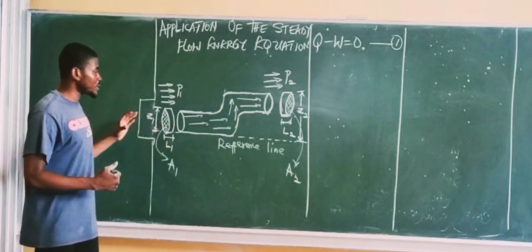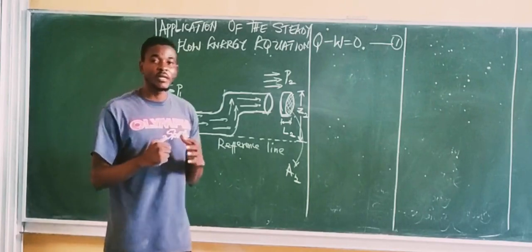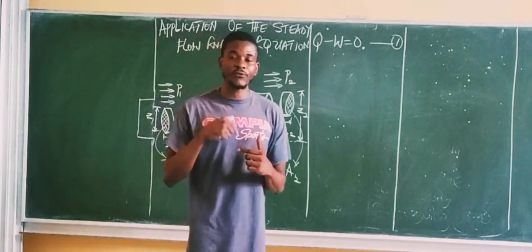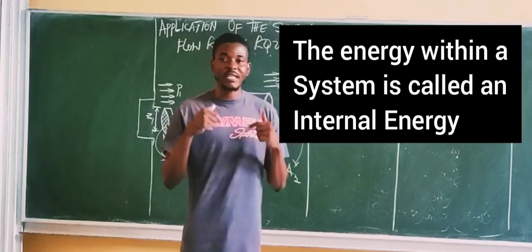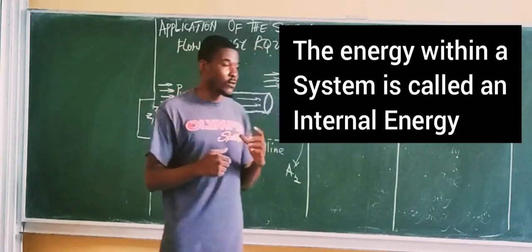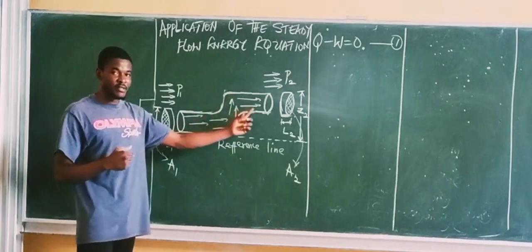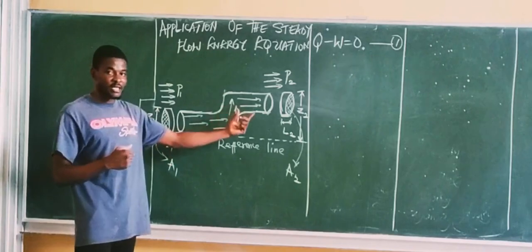Now, as fluid is flowing, in the last video when I talked about the first law of thermodynamics, I said the energy that exists within the fluid is called internal energy. That is the energy that exists within a system. So the energy at the inlet can never be the same as the energy at the outlet. We have an inlet internal energy and an outlet internal energy.